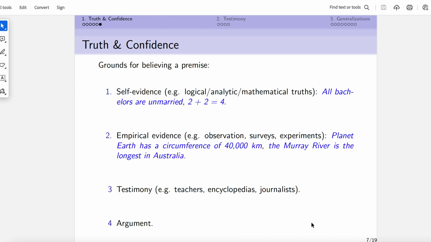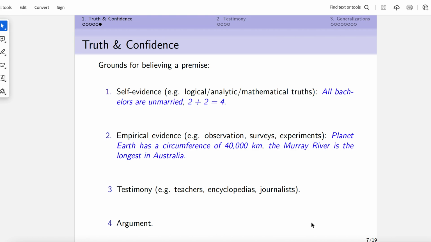So often I believe things on testimonial grounds that I could have believed on more direct empirical grounds. That is to say, I could have got the evidence myself directly by observation, surveys, experiments, and so on. But in fact, I just relied on someone else to do this work and tell me about it.